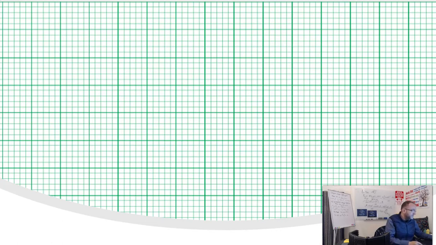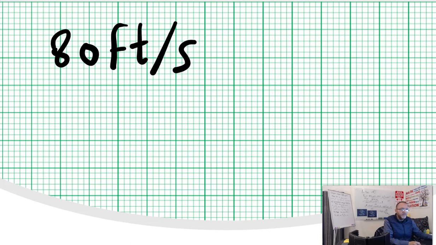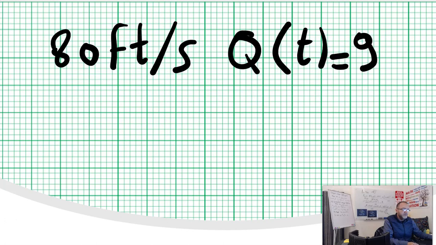We'll deal with it. There's a basketball training, and a basketball is thrown upward during practice with a velocity of 80. I did translate it from the metric system, 80 feet per second. And its height after t seconds is given by the function q of t equals 90t minus 18t squared.